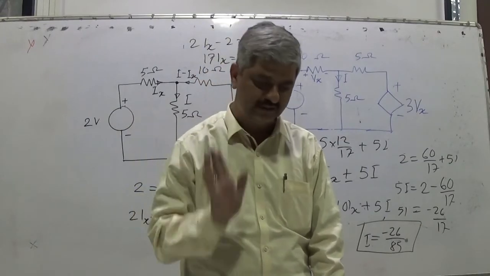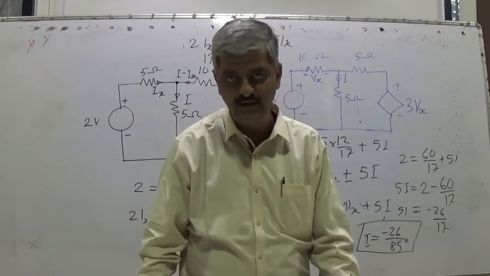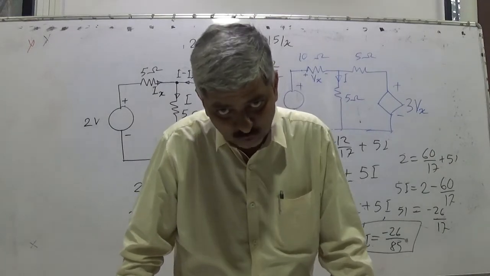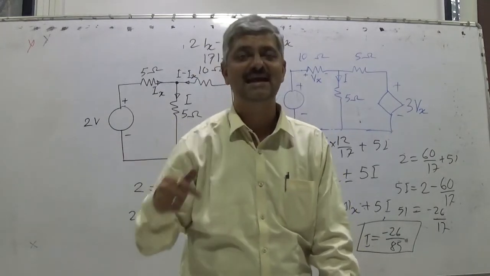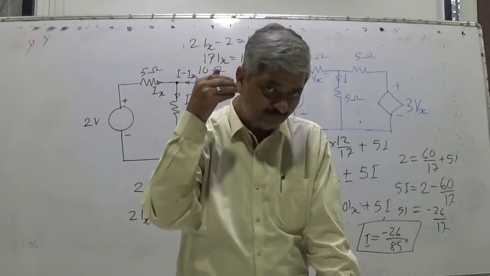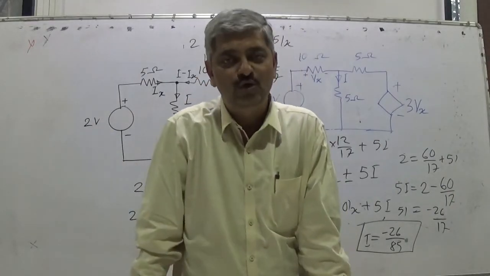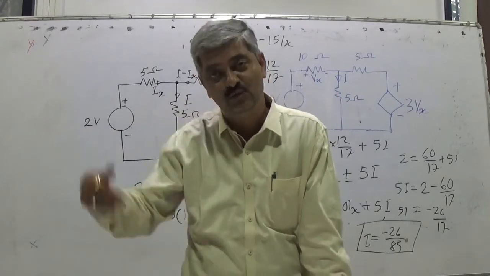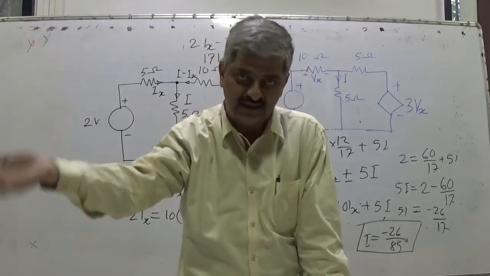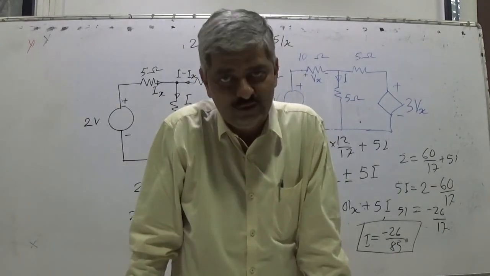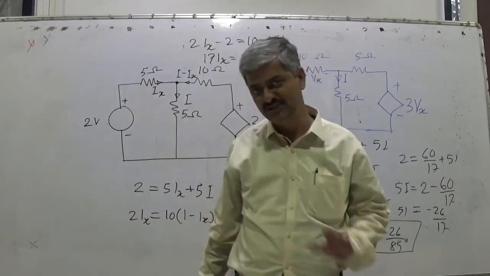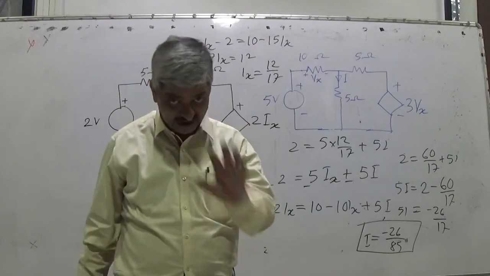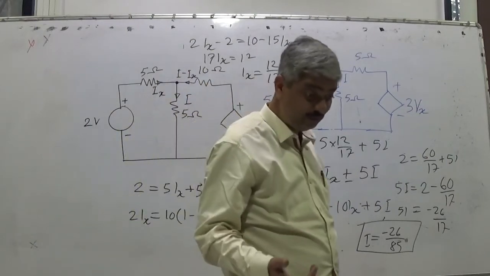In a dependent voltage source, the value of the voltage source depends on some other parameter in the circuit. So a dependent voltage source can depend on some other voltage or some other current. A dependent current source value can depend upon some other voltage or some other current. So this is something which is additionally required to be told.